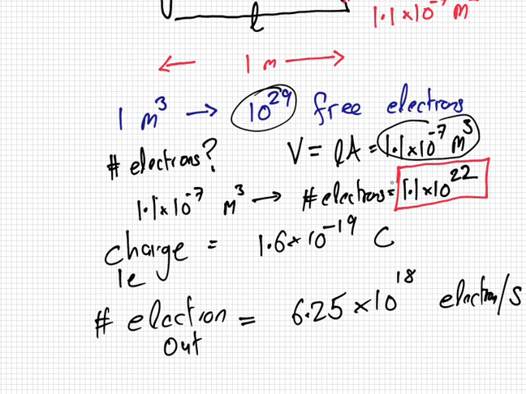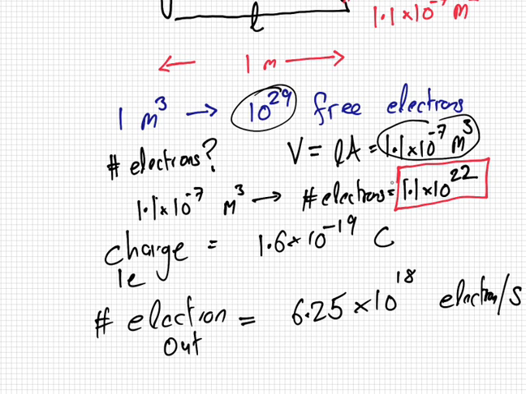Is that okay so far? Yeah. So I have 1.1 times 10 to the 22 electrons here, and I have 6.25 times 10 to the 18 electrons per second that need to come out. So I want to work out how fast they're coming out at.